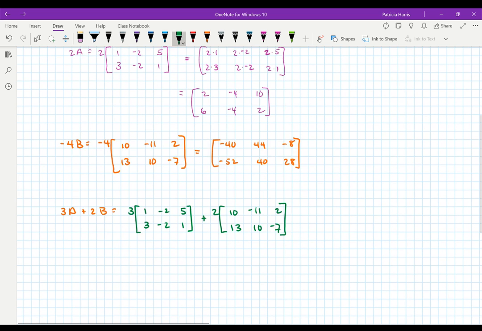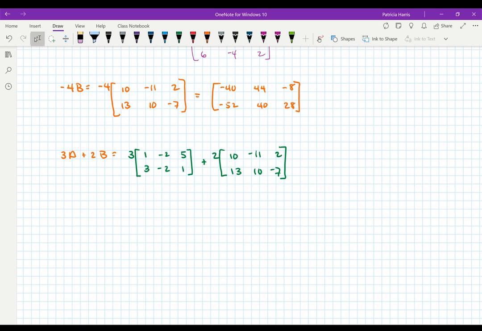And again, you guys can probably do a lot of this in your head. It's really no big deal. For me personally, though, I like to write it out. So distribute your 3. Distribute your 2. Don't lose your place.